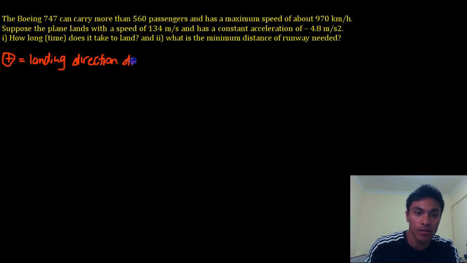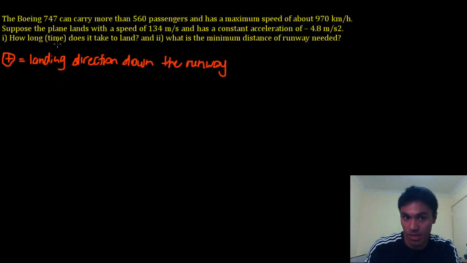So down the runway. So now notice that this is going to be intuitive in a couple of seconds. You'll find this. So let's have a look at some of the more useful numbers in amongst this.